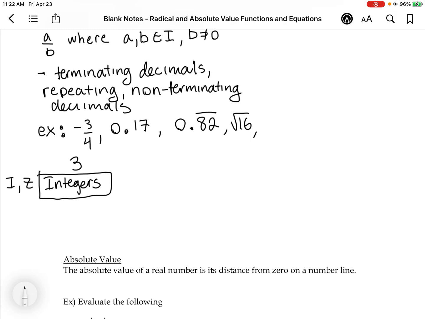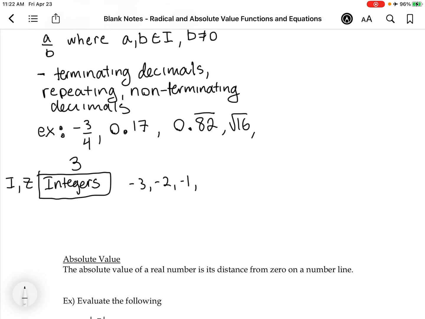So they can be positive, they can be negative, but they cannot have a decimal or a fractional part. So like -3, -2, -1, 0, 1, 2, 3. And this keeps going on forever and ever. You could have 2.0, that's okay, but you can't have 2.1. Okay?